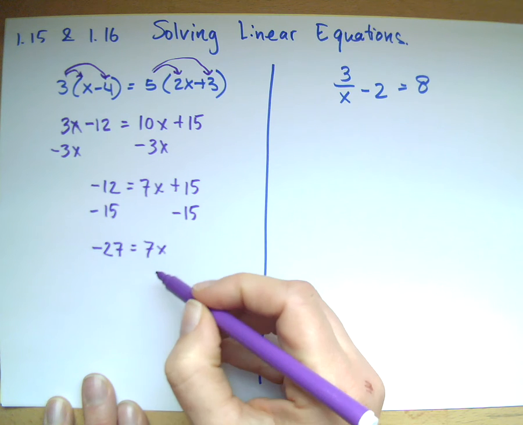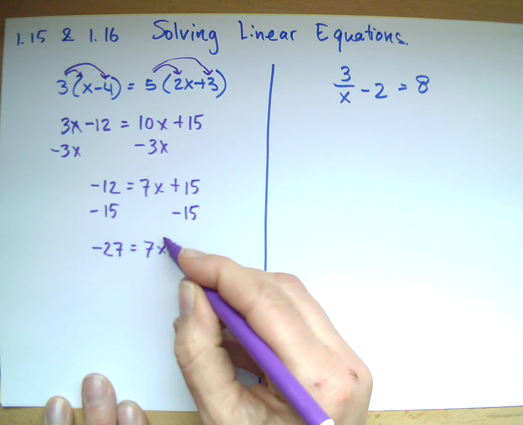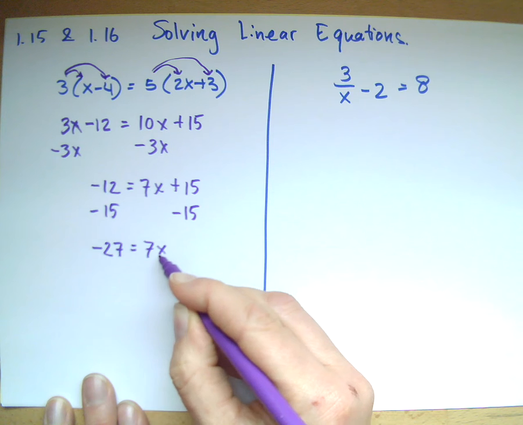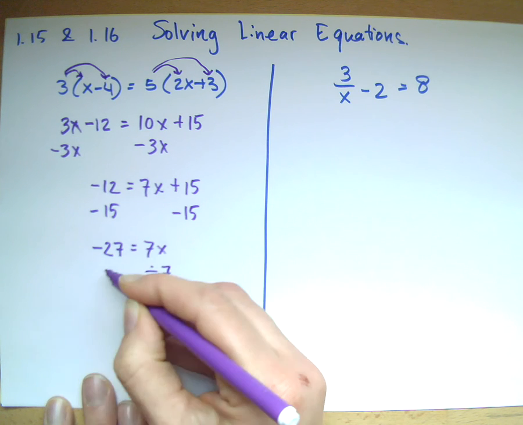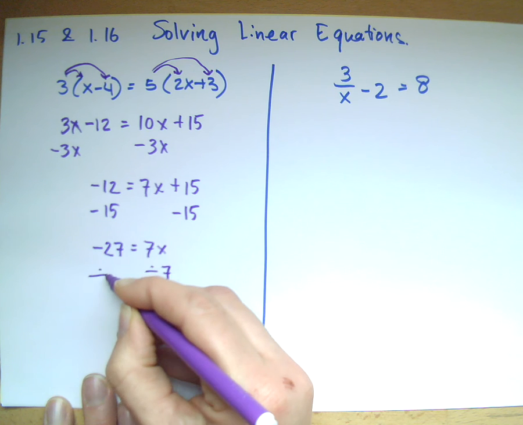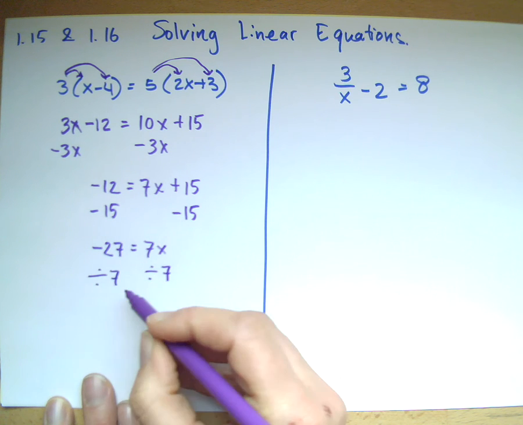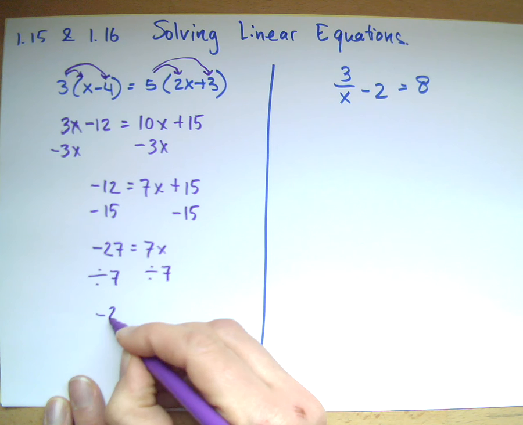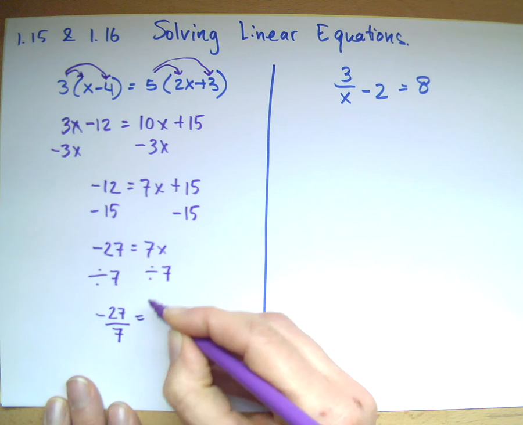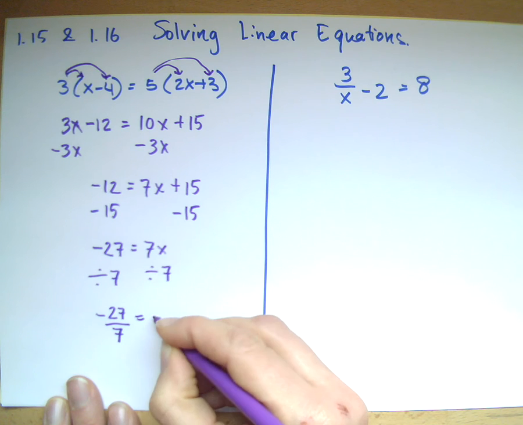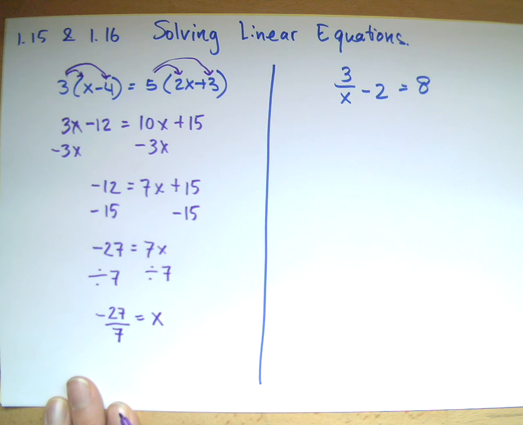To get x by itself, we divide this by 7. 7x divided by 7 would be x, right? So divide by 7. Do the same thing on this side, divide by 7. -27 divided by 7, and 7x divided by 7 is x.